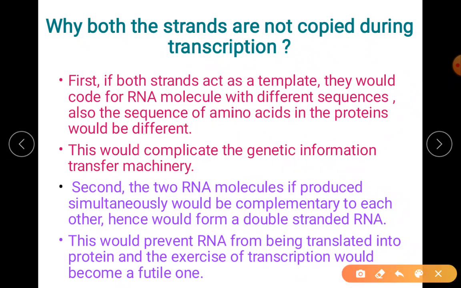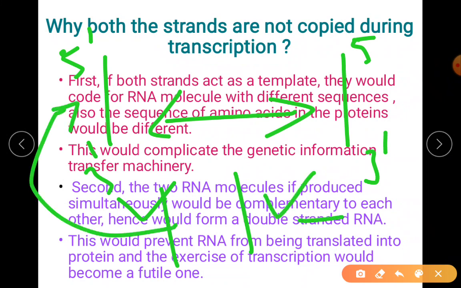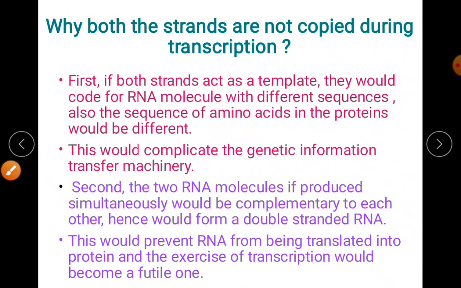What is the second reason it does not allow that? As soon as one strand is formed 5 prime to 3 prime, the other sense strand also produces 5 prime to 3 prime. And they will be complementary to each other, because from DNA also there were two strands which were complementary to each other. When they produce RNA, definitely the RNA transcripts we get will be complementary.